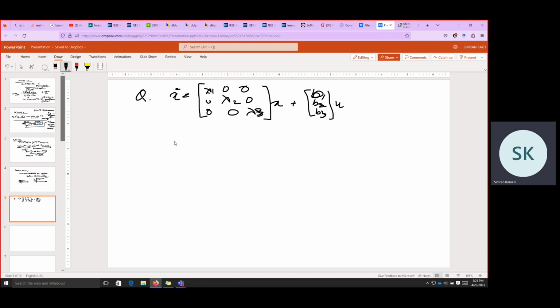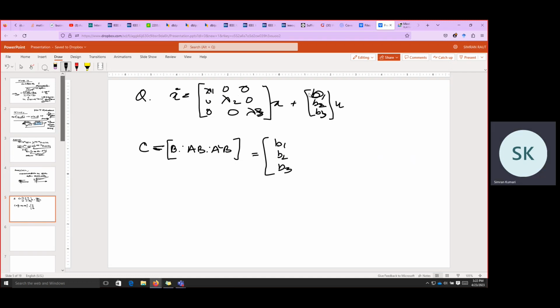For this, we have to check whether this system is controllable or not. So we will just determine the controllability matrix, which will be B, AB, and A squared B. B is simply b1, b2, b3.